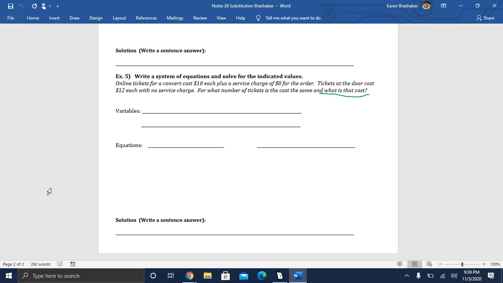So we find that we have our question right here. So we could let x equal our number of tickets. That's the first question that's asked. And then we could use our second variable, y, to answer the question, what is the cost?